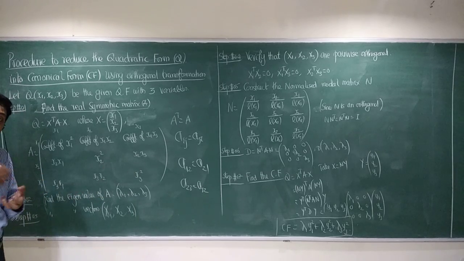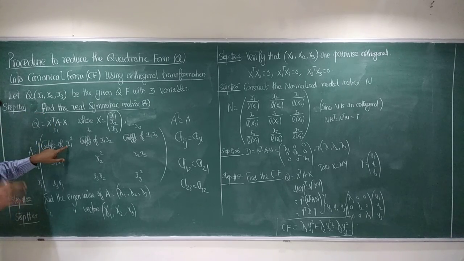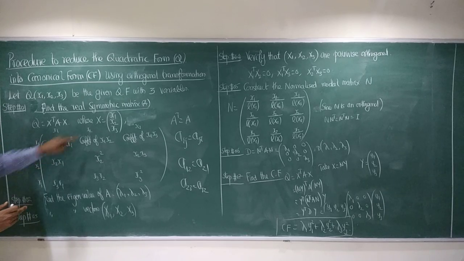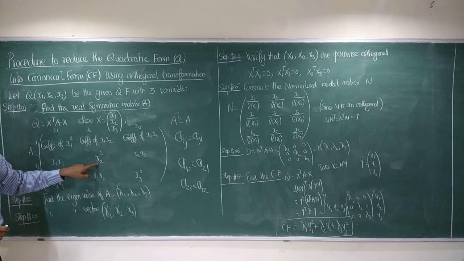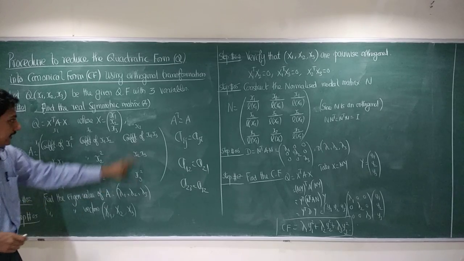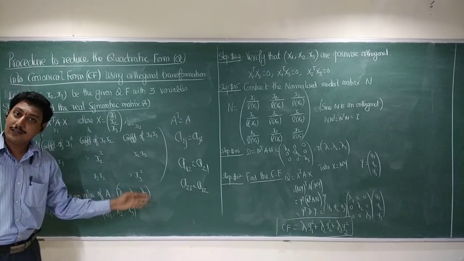Let us collect the coefficients. We get x1 square, x1 into x1, so collect the coefficient of x1 square and put it here. Then x2 square, x2 into x2, so the coefficient of x2 square is the middle diagonal. And x3 into x3 is x3 square, so the coefficient of x3 square is the third diagonal.